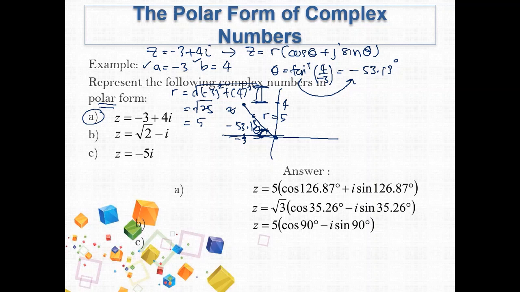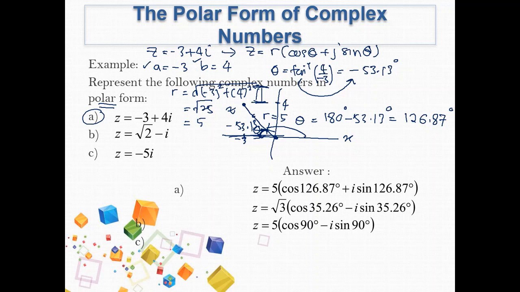But we don't want a negative angle to be filled in for our theta. So what we can do is consider the angle from the x-axis following the anti-clockwise. How to get the theta here? This is equivalent to 180 degree minus 53.13 degree, and you get 126.87 degree.